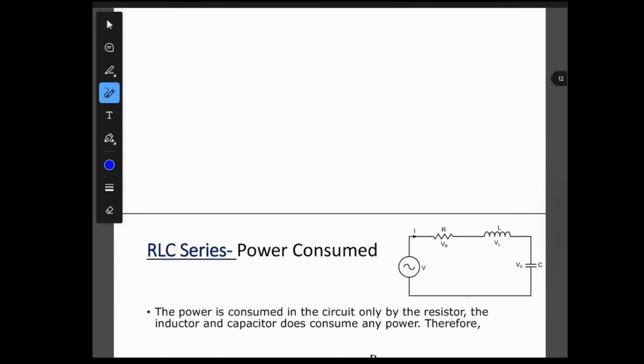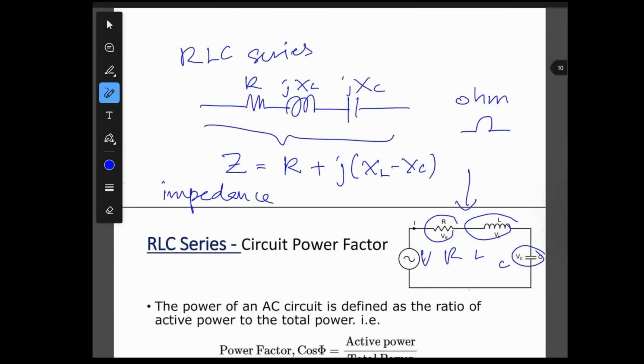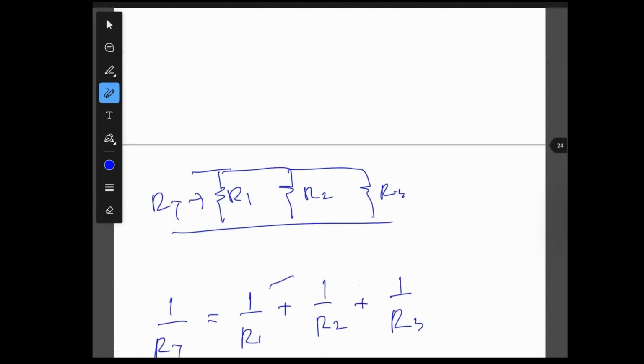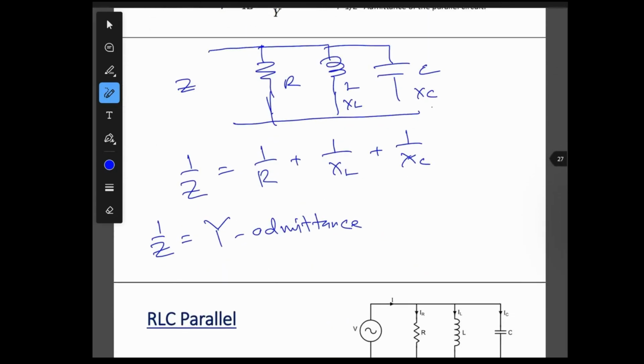For admittance, which is the inverse of the impedance, the unit is mho, the inverse of ohms, or sometimes we write it as S, for Siemens.